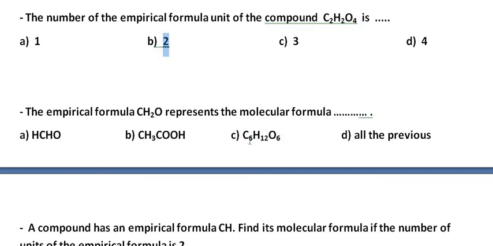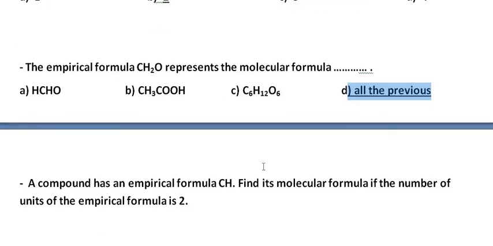Also here, if this is a molecular formula, dividing over 6 you get this. So this empirical formula can represent A, B, and C. So the answer is all of the above.